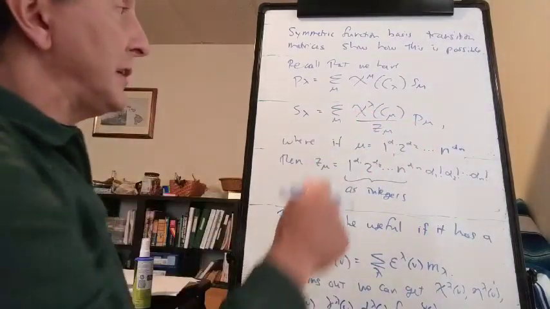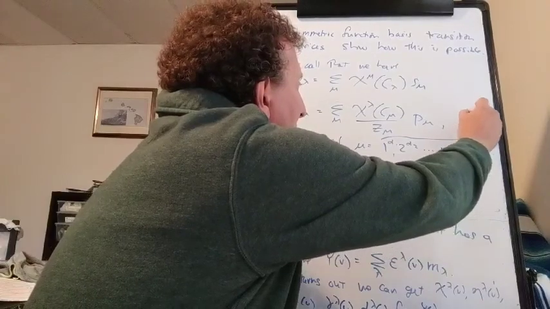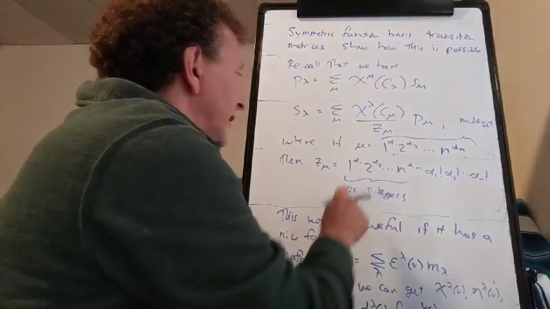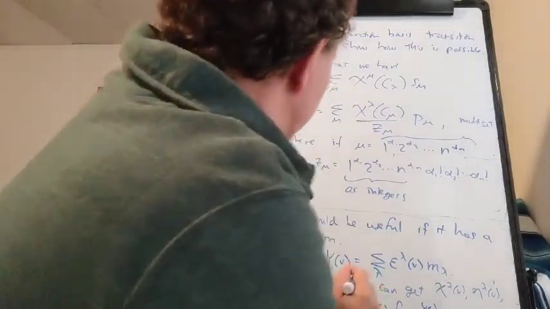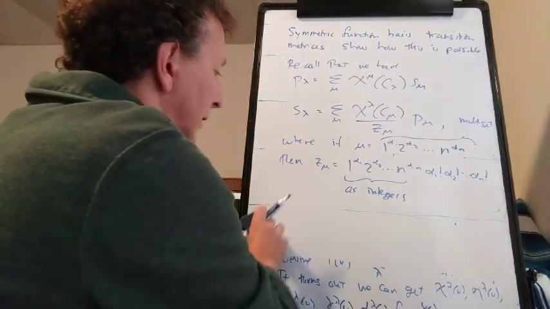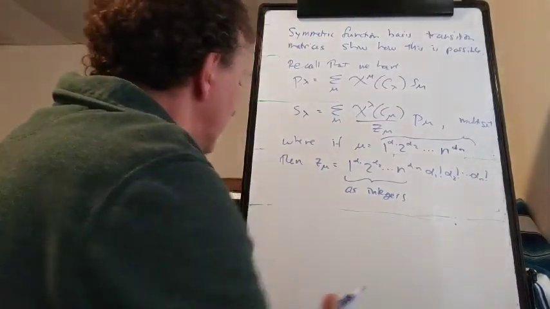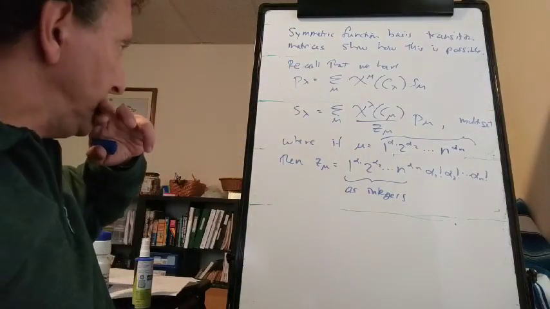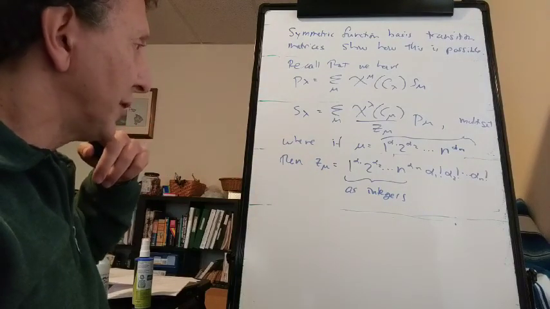So here this is multiset notation. This many 1s, that many 2s, etc. And this is actually 1 to the alpha 1 power, 2 to the alpha 2 power, etc. Right, so these are Frobenius formulas for the transition matrix between power sum and Schur functions.